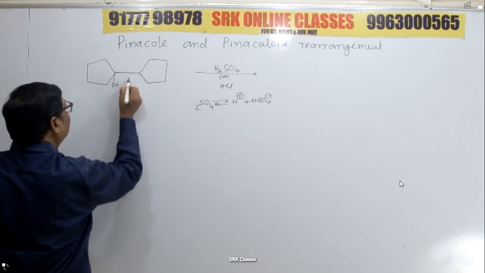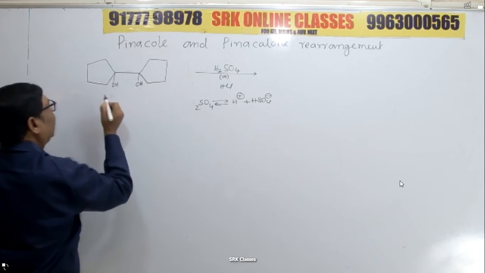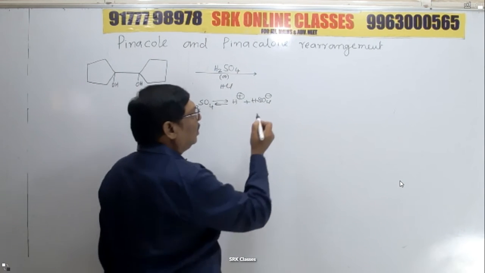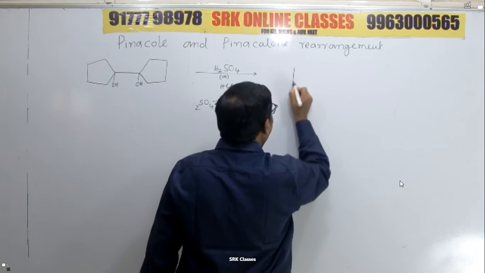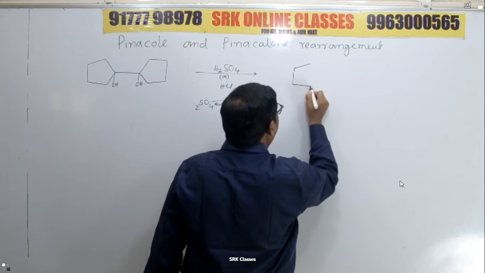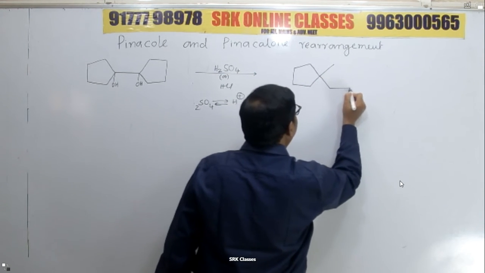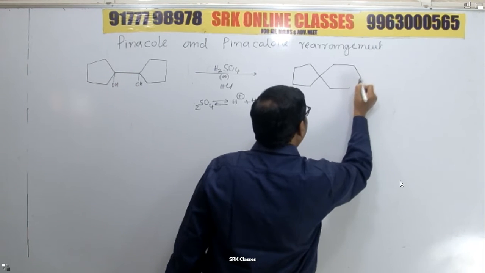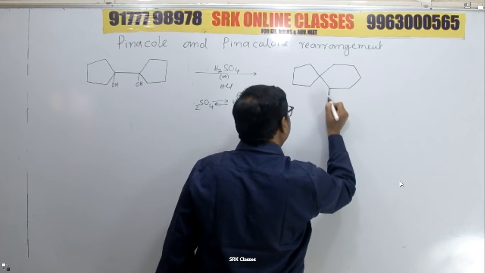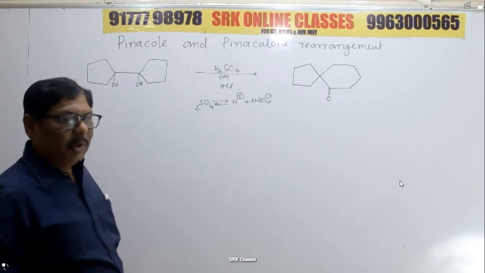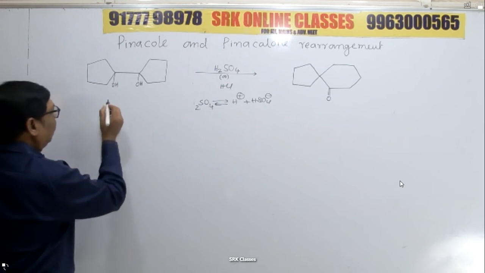OH groups are there. 5 and 5 becomes what? 5 and 6 members. Therefore, this is 5-membered and this is 6-membered, just like the previous one. Okay? Now I am writing the mechanism.